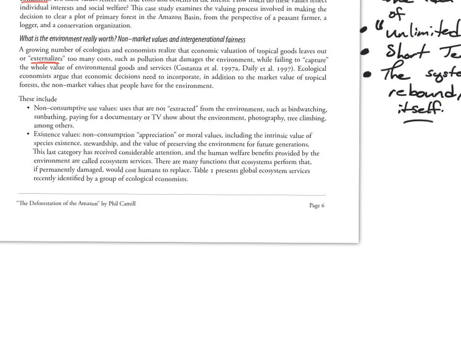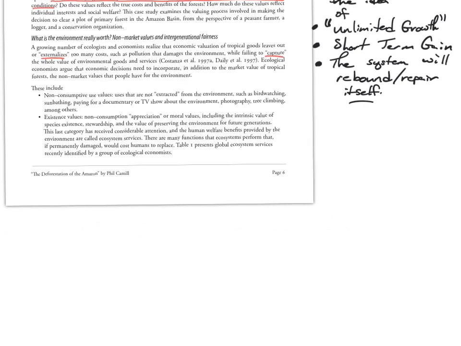And the thinking that's happened since the 60s is this idea of trying to capture the whole value of the environment, not just the dollar value of that tree or that land or that soil, but looking at the value of the land and of the forest, of nature, as something that in itself has a dollar value, has a value for sustained income, has a value for sustained existence.